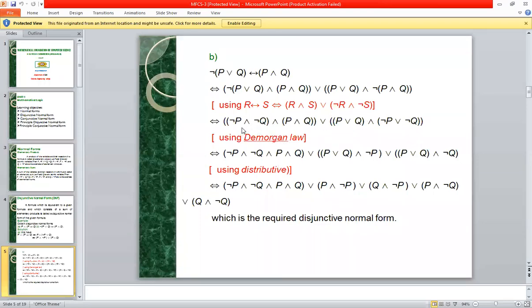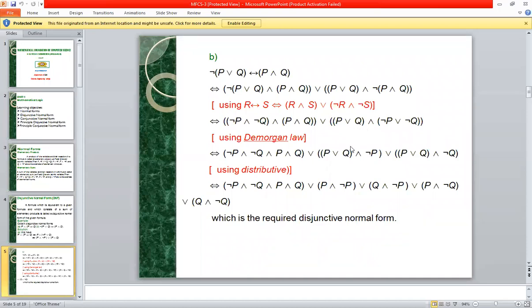Next step. Here we have negation P and negation Q and P and Q, which can be written as (negation P and negation Q) and (P and Q). This is an elementary product. Then we have (P or Q) and (negation P or negation Q). Here we apply the distributive law.